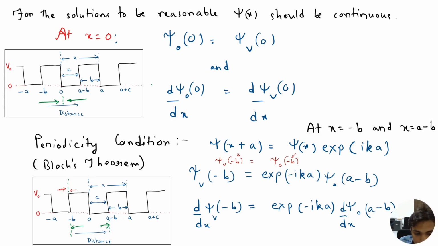Now how is this part related to this part? It is related by Bloch's theorem. Now psi naught of minus b is equal to, you can think of it as psi naught of (a minus b) minus a.